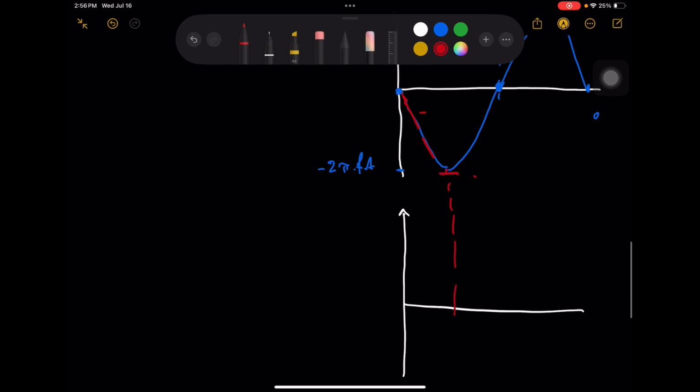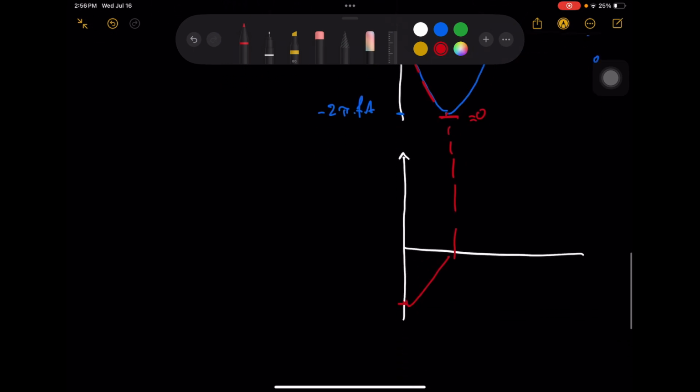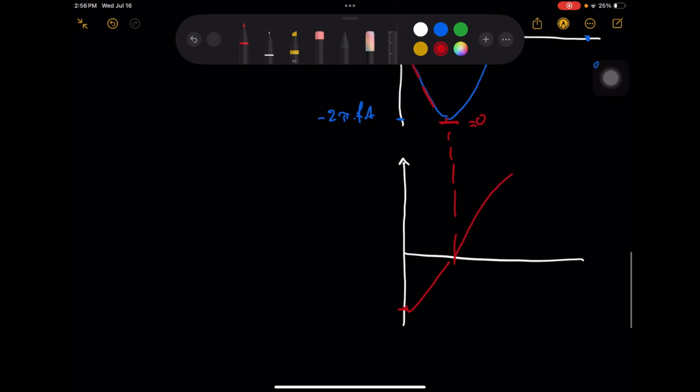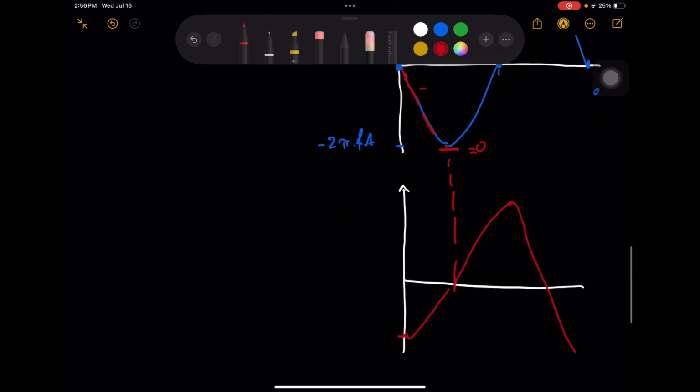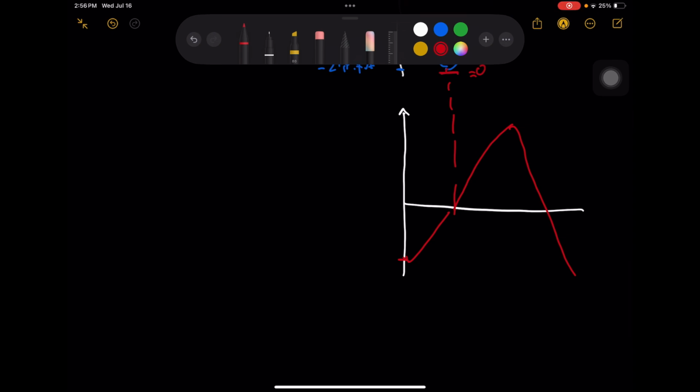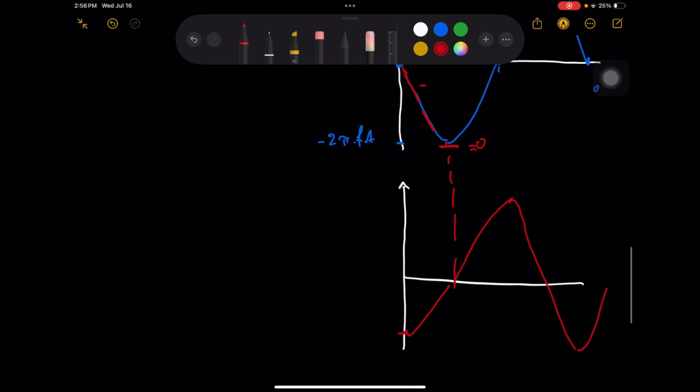Slope here is 0, right? So if you start at this point, it goes up, and then it goes down. That's it for this point. But yeah, we can just draw it going up and down. And that's for our acceleration.